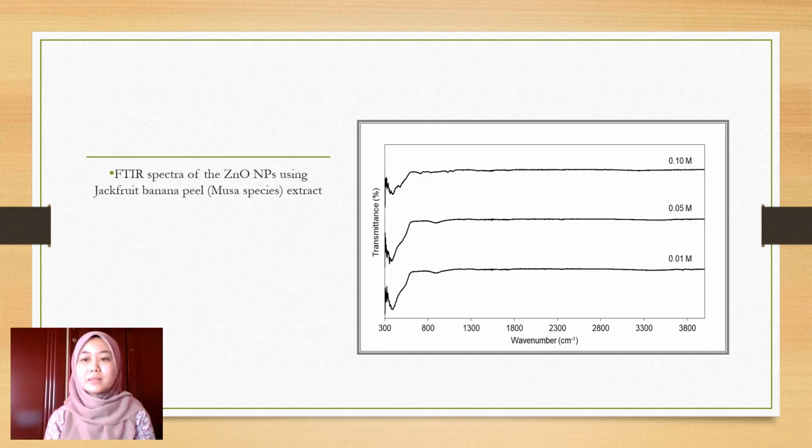This slide is an example of FTIR spectra of zinc oxide nanoparticles using jackfruit banana peel extract. We can see a distinctive absorbance band at about 350 to 390 cm. Also, as the concentration of the precursor used decreased, the sharpness of the absorbance peak obtained also decreased.